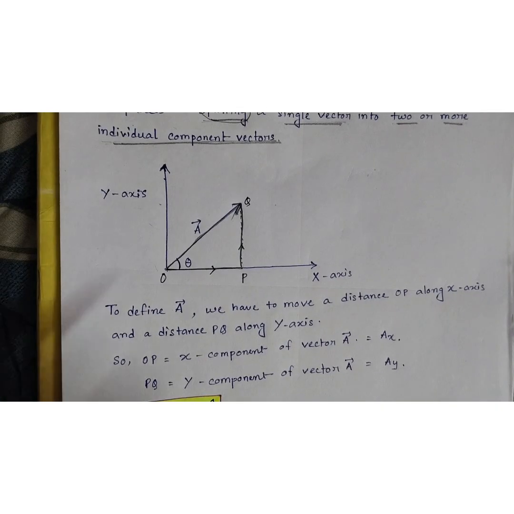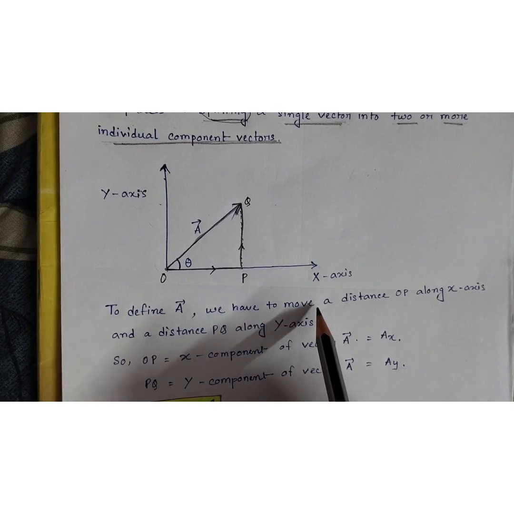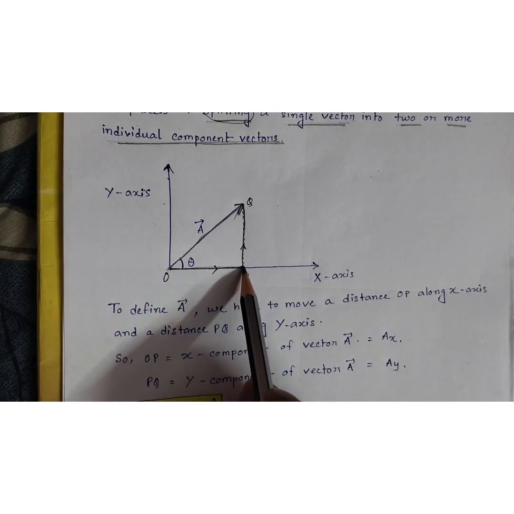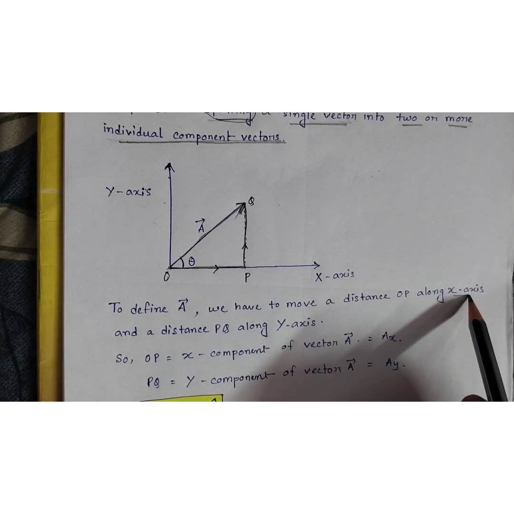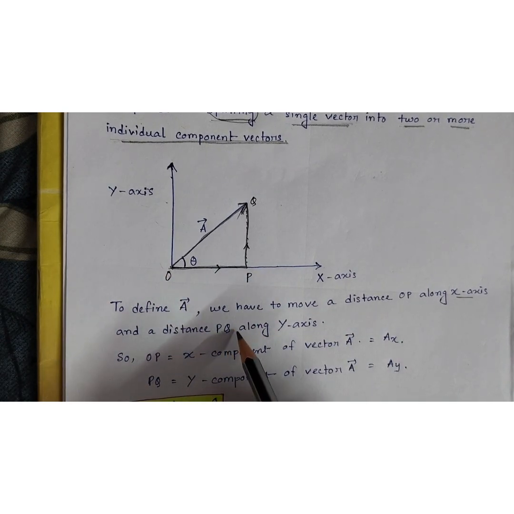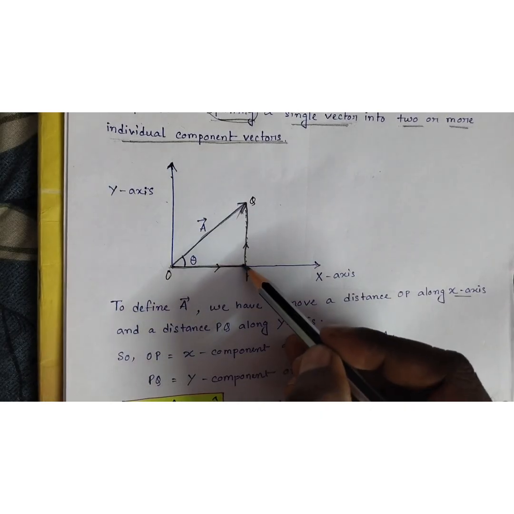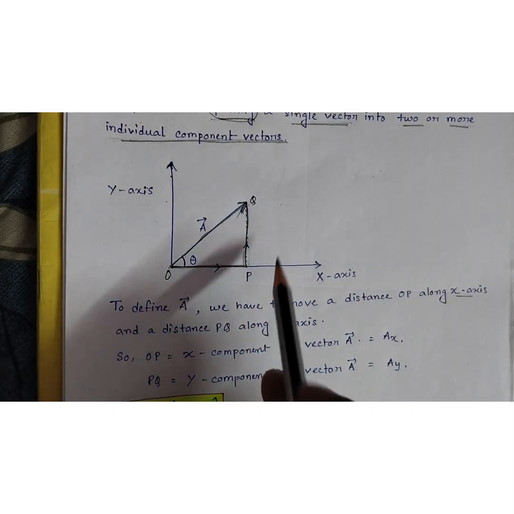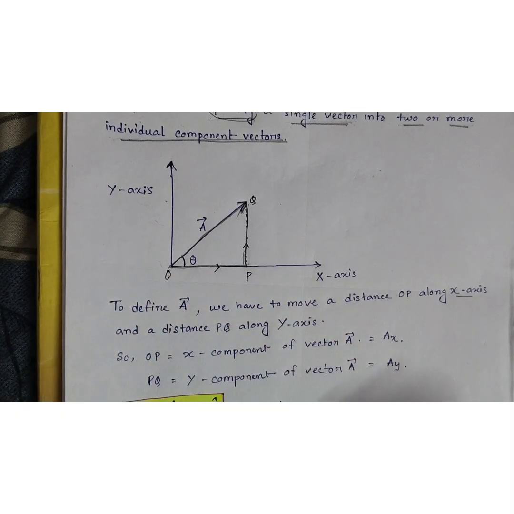It is written here: to define vector A we have to move a distance OP along the x-axis, and PQ distance along the y-axis. So to define this we have to do it this way.